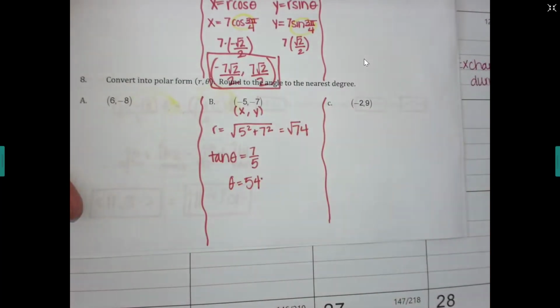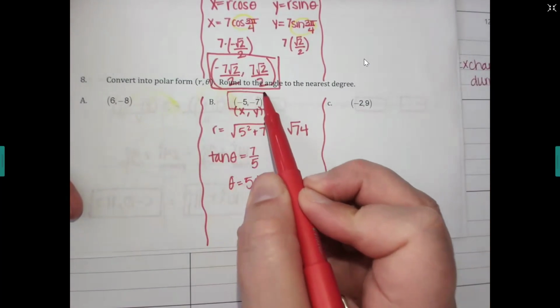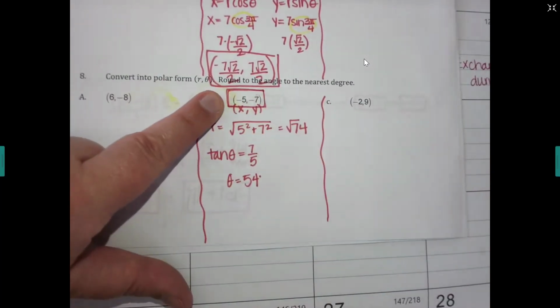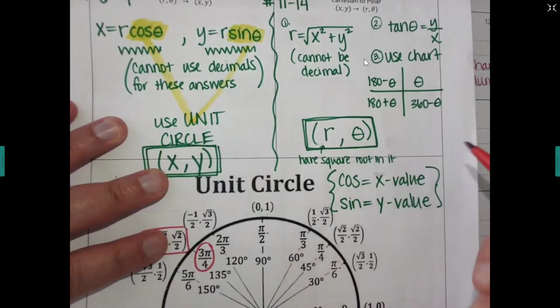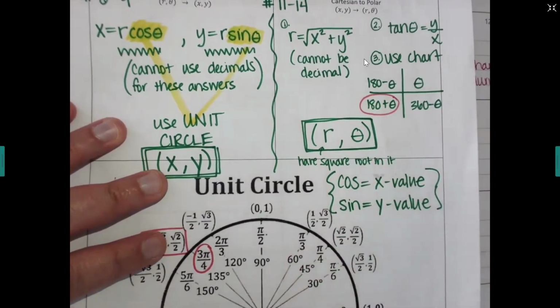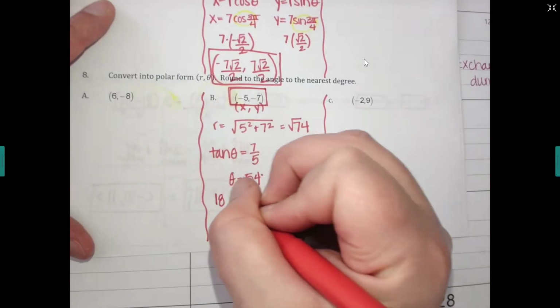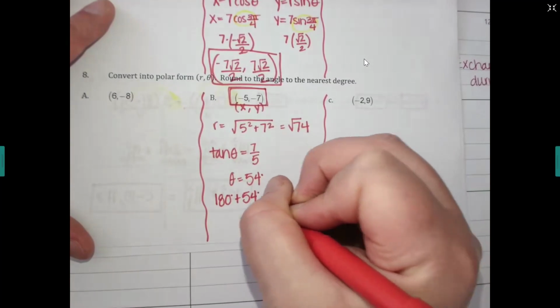But then I have to think about which quadrant this ordered pair would end up in. So let me put my little formula up here. I'm looking for -5, -7. So I would go to the left 5 and then down 7. That would put me in 180 plus. So then you do 180 plus 54, which would be how much?